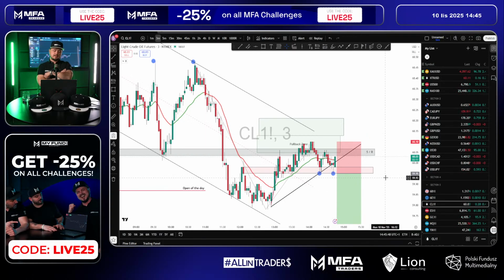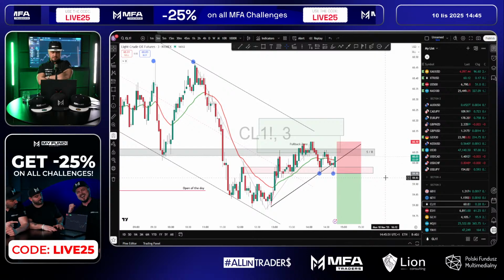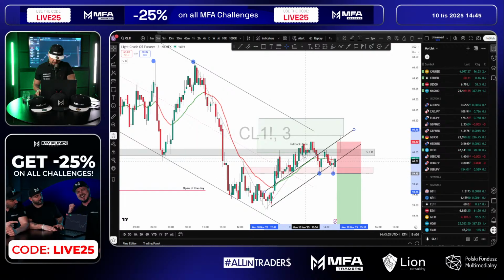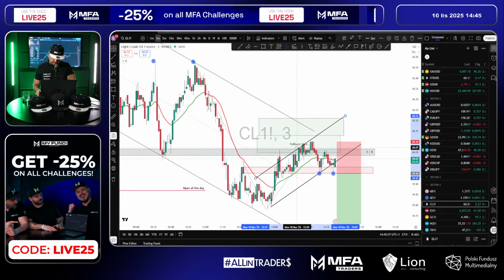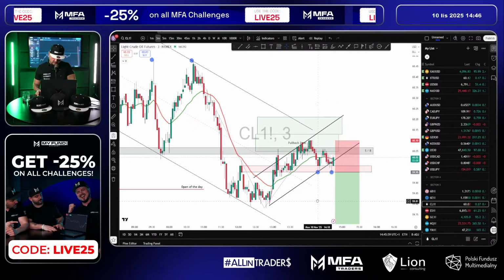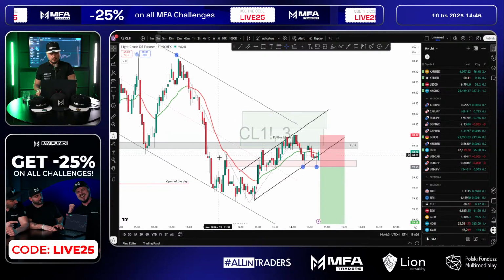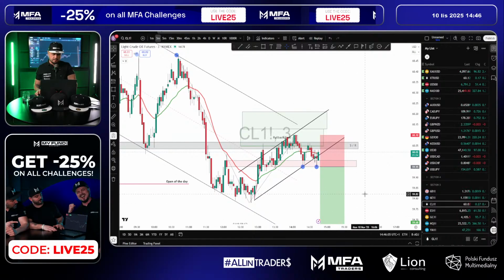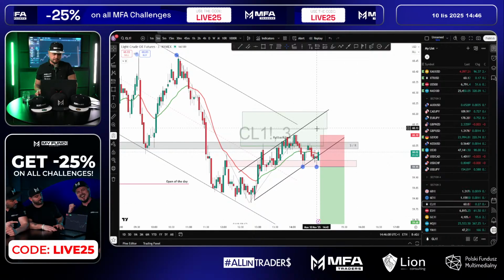Not yet. The price is still going higher, which is good, but we can have a look at this situation right here because we got some spike move, we got some channel, and we need a breakout through this channel.